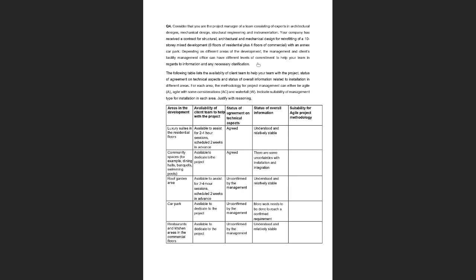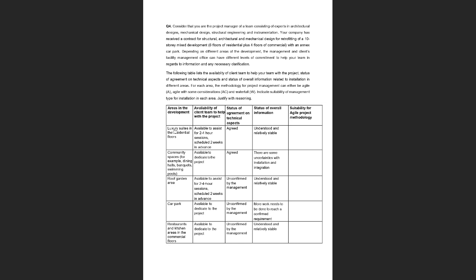So what we know from here is that you are a project manager and you have a team of engineers of different expertise, and the project that you have in hand is a mixed development type of project with 6 residential floors and 4 commercial floors. And for this mixed development, the different areas are given here.